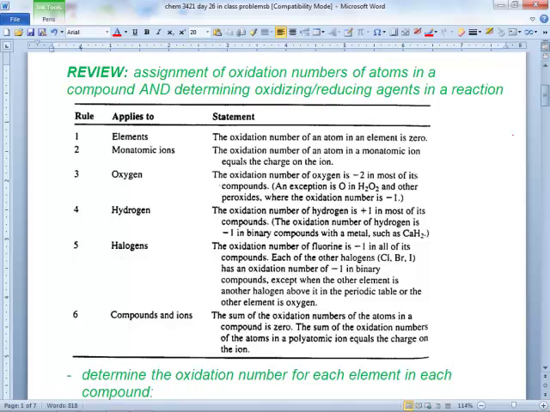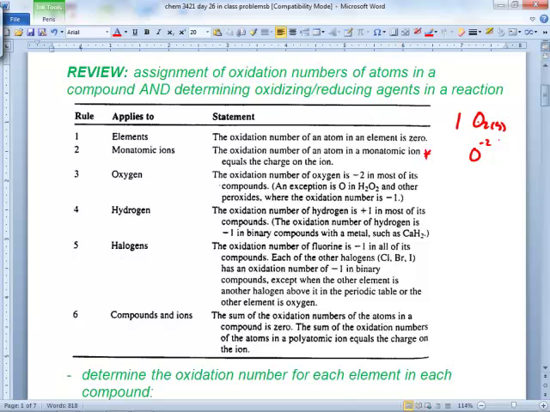Here's the rules, right? Just to go over them, you have them in your notes. Elements, iron solid, 0. Just elements sitting there all by themselves, okay? Oxygen gas, 0. Monatomic ion, it's just the charge.